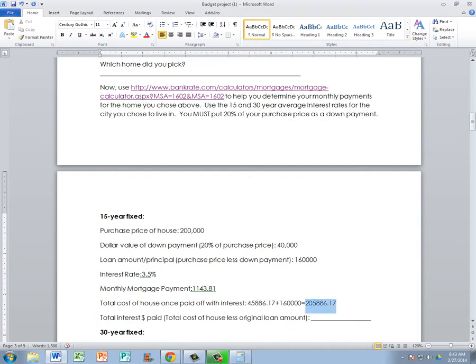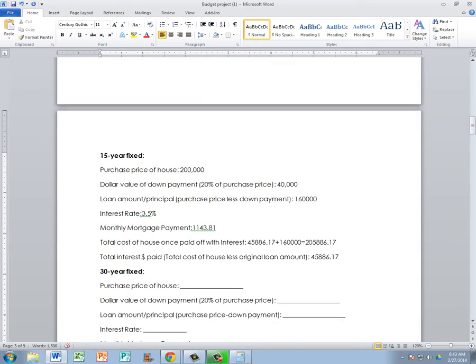This is how much the house cost me in total once I paid it off with interest. So the total interest paid is going to be this amount right here, $45,886.17.